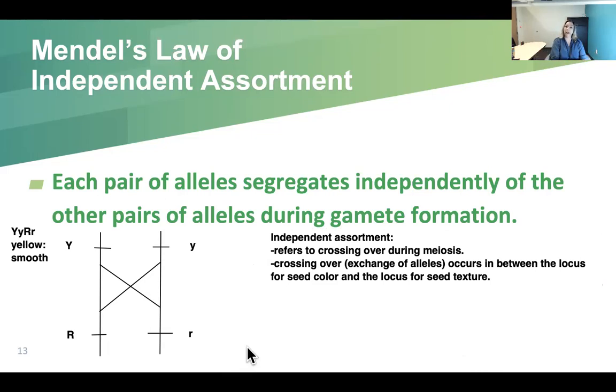So these are homologous. During crossing over, say the alleles could be swapped. So now you could have little y, big R, big Y, little r. So it would look like this. So this is after crossing over.